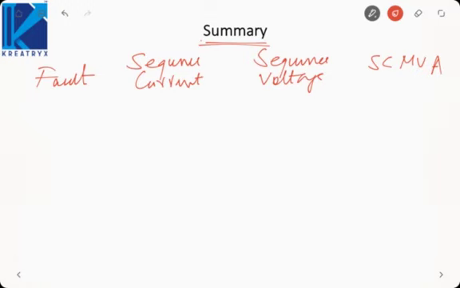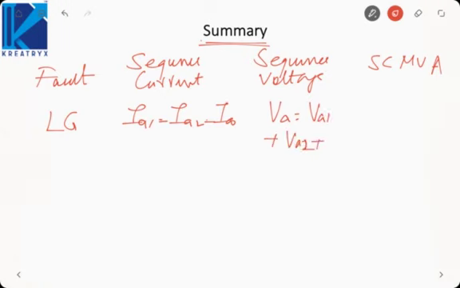Okay, first fault that we consider is LG fault. What was happening? IA1 was equal to IA2 was equal to IA0. All networks were in series. And here the sequence voltage VA was equal to VA1 plus VA2 plus VA0, which was equal to IA into ZF.